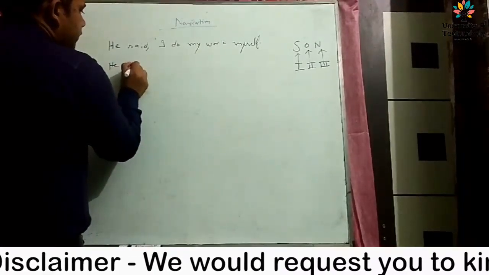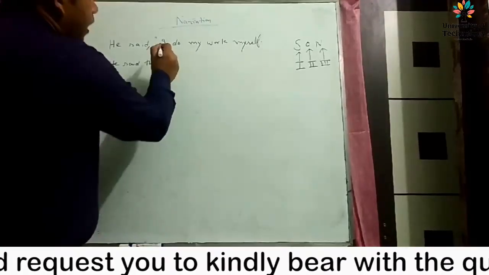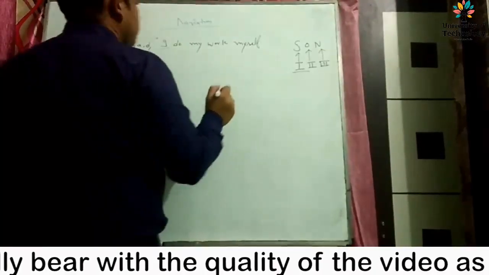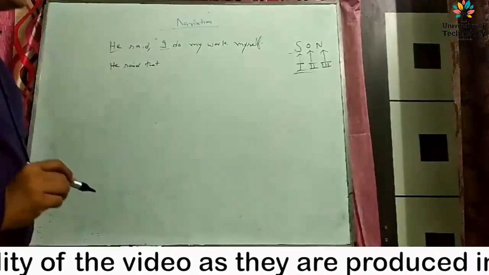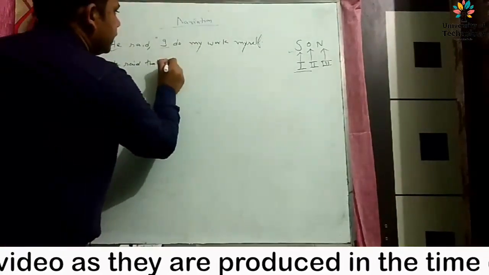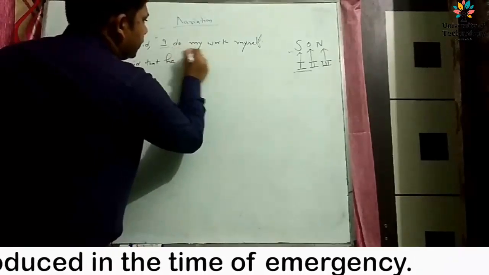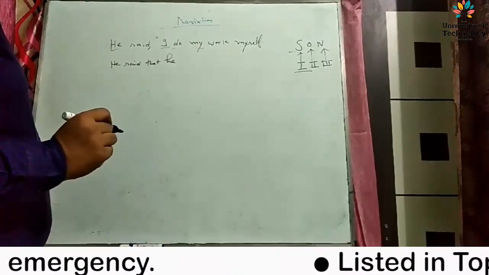He said that. Now I is first person, so it requires the subject. What is the subject? The subject is he. Tense, it is a present tense. I do my work myself.